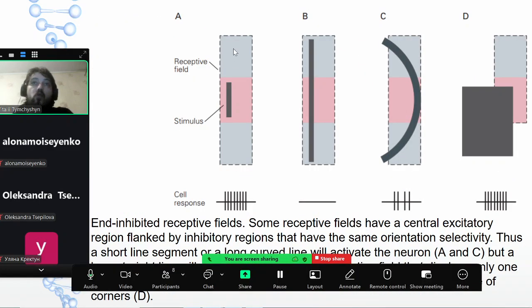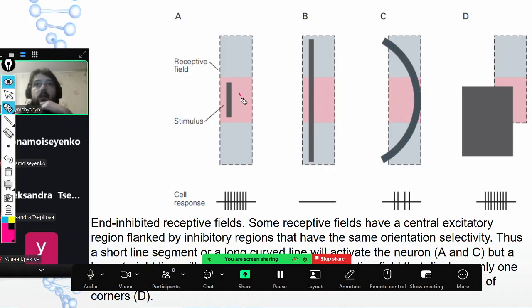Here's one more example of constructing a receptive field and the responses that we may have depending on the object that gets into that receptive field. Here you see a receptive field that is constructed from three different parts, and let me call them, let's say, plus, minus, and minus.